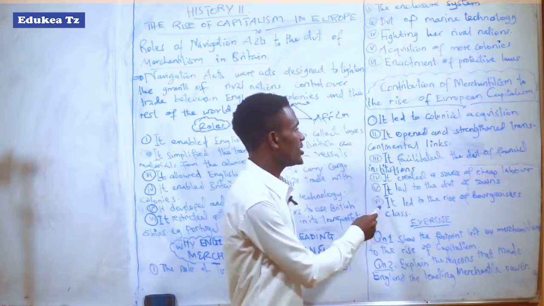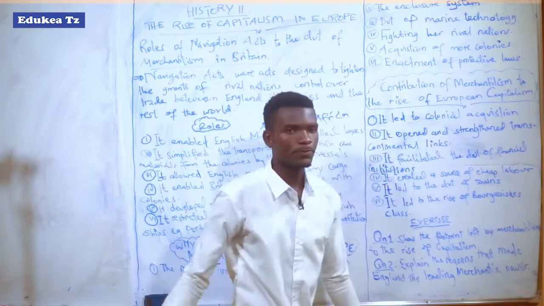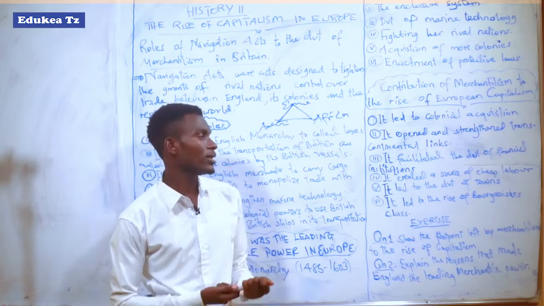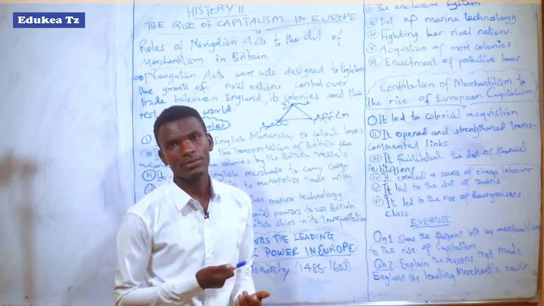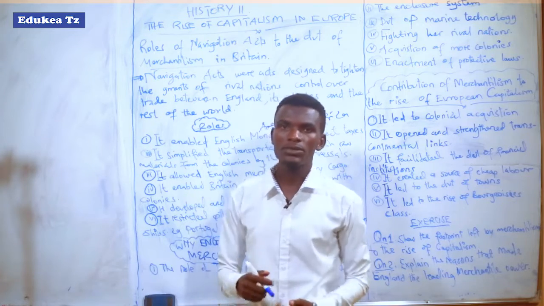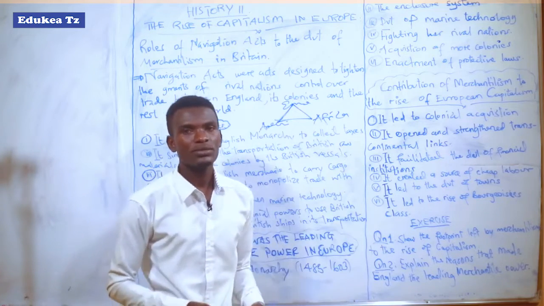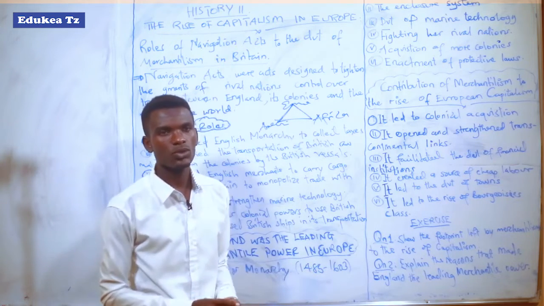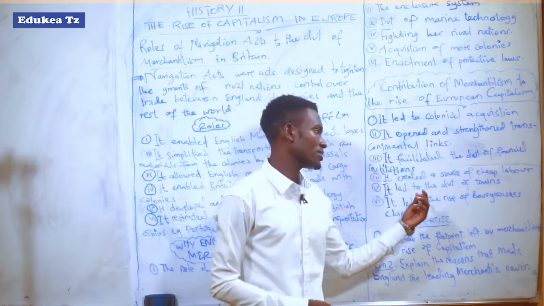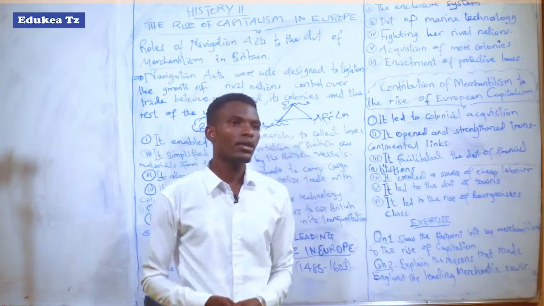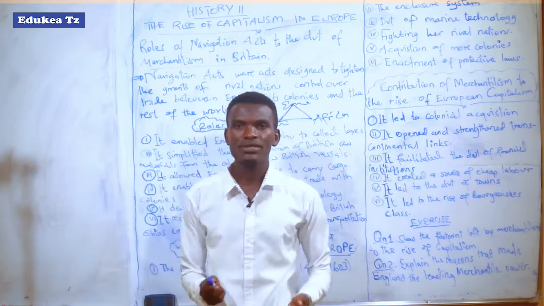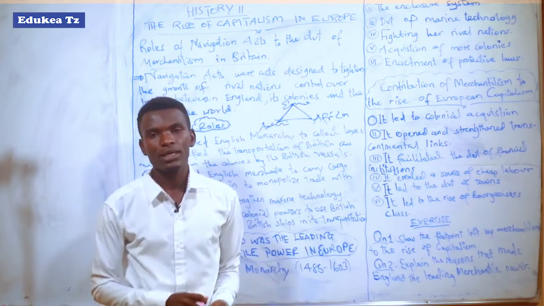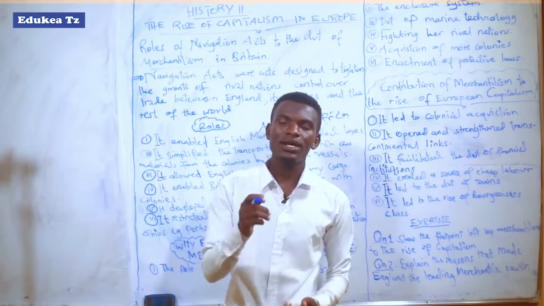Another contribution: it led to the development of towns. The mercantile era led to the development of towns like Manchester, Liverpool, Bristol, Lisbon, Amsterdam in the Netherlands, and other towns which were the result of mercantilism, because during that time those towns acted as trading centers, and merchants were using those towns to carry out trading activities.